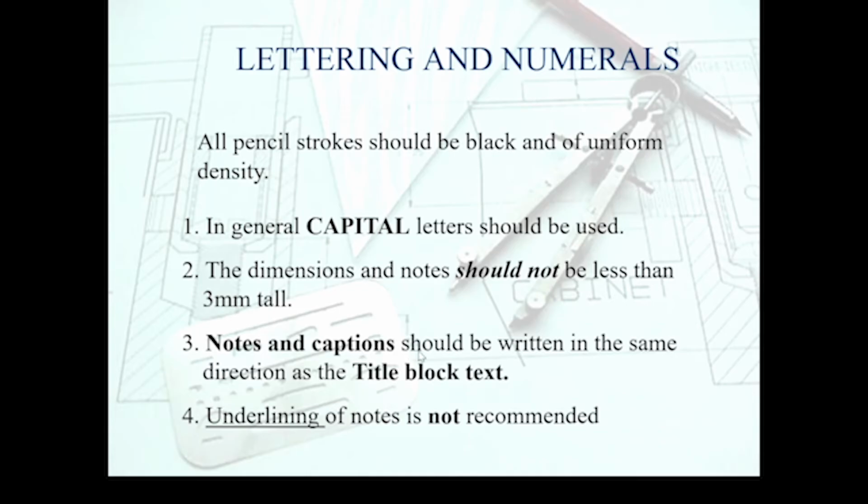Not changing the text direction, it should be more or less the same direction. And underlining is not really recommended, because every detail on the drawing paper is equally important. Underlining is a gesture where we tend to highlight when we want to emphasize something. However, on a technical drawing, the practice of underlining is not suitable.